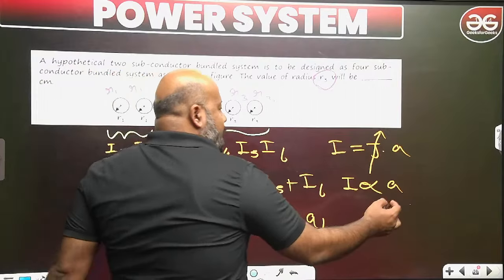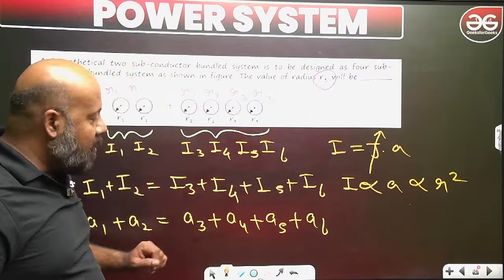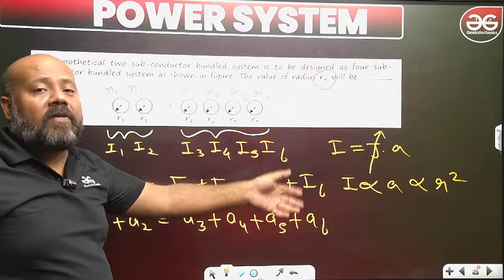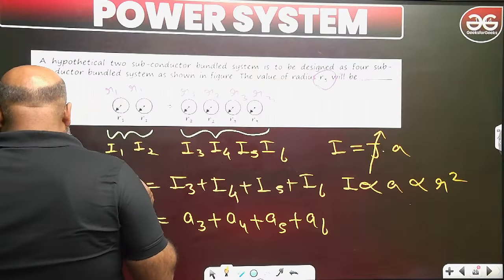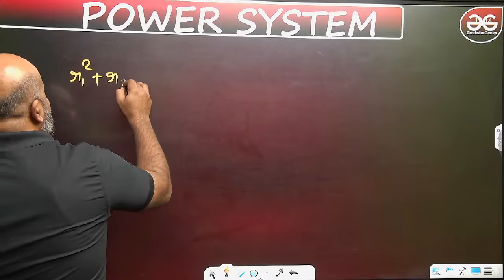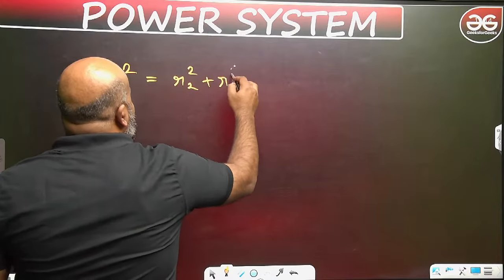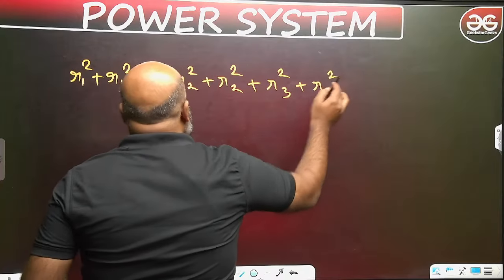But area is again directly proportional to the square of the radius. Yes or no? So from this equation directly you can start, or you can start with the square of the radius just equating the two sides. So I am writing here, R1 square plus R1 square is equal to R2 square plus R2 square plus R3 square plus R3 square.